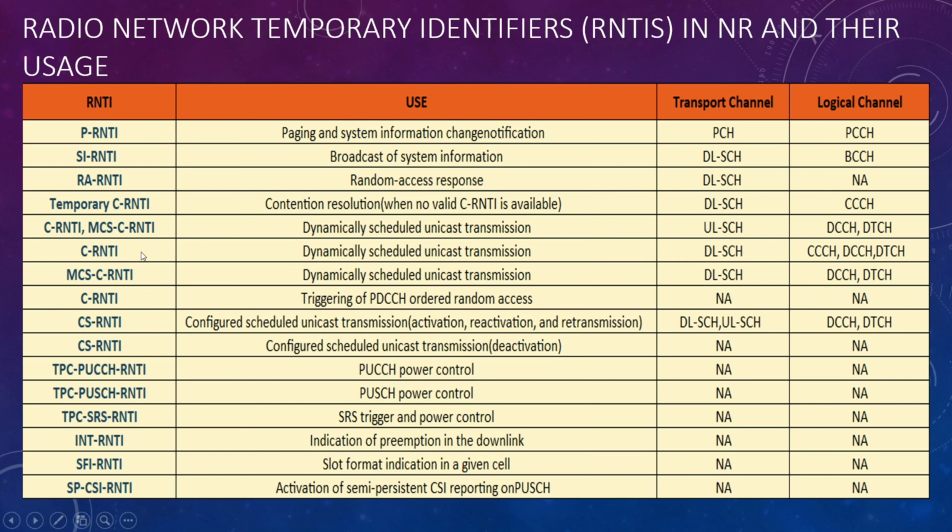Now we can see C-RNTI, this is also a dynamically scheduled unicast transmission. The additional logical channel in this is CCCH. And likewise, if you go for MCS C-RNTI, it will also be for the same dynamically scheduled unicast transmission. The only difference is that in logical channel we are using DCCH and DTCH.